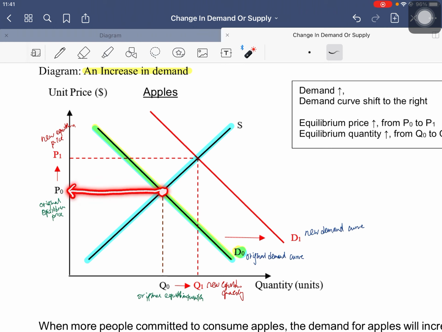So we use this equilibrium point to find P0. P0 is the original equilibrium price. And from this equilibrium point, we can find the original equilibrium quantity, and this is represented by Q0. It means the original equilibrium quantity.